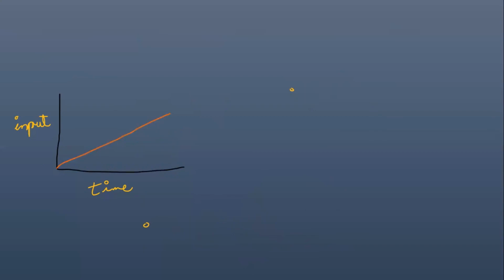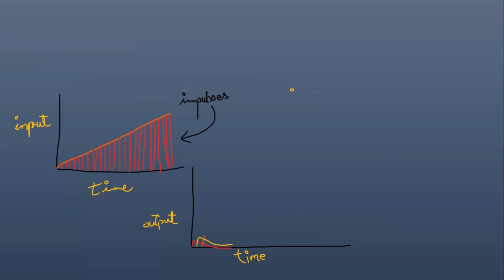With an LTI system, we can say that the output is a summation of the responses to each of those individual impulses. To understand this, I drew these impulses very discretely; in practice, each of these impulses would be infinitely close to each other. When we draw the response of each impulse, it will look like that.